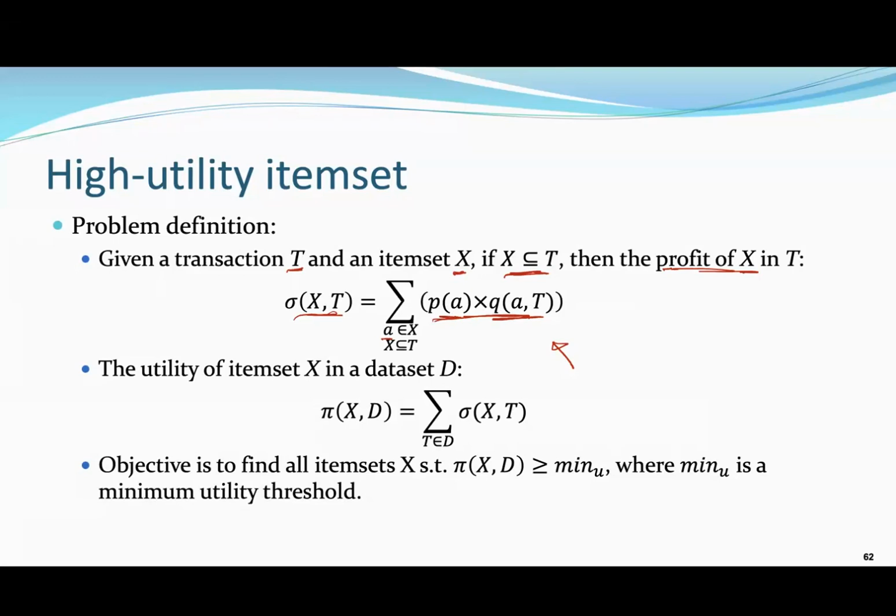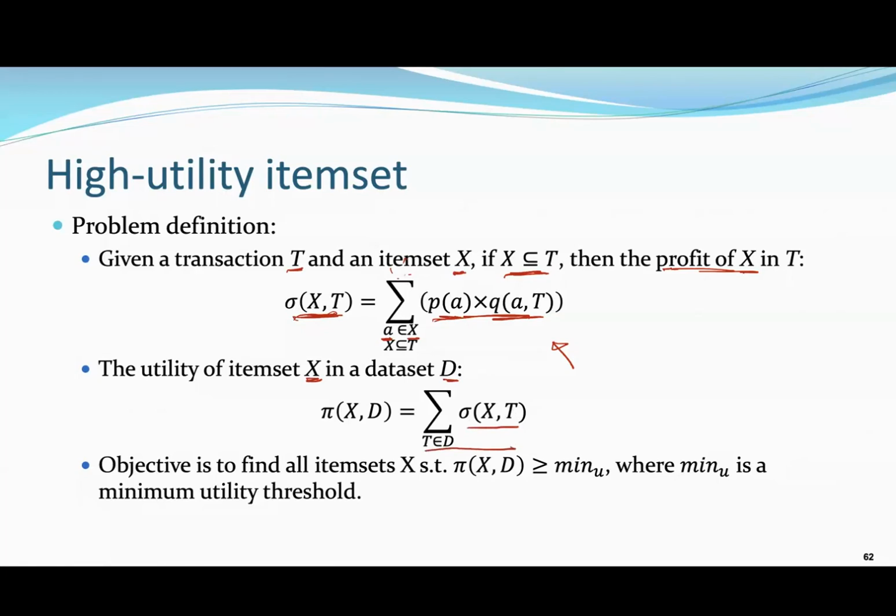Then we consider all of the items in this item set X and sum them all up, and that is the total profit contributed by the items in the item set X within the transaction T. The utility of an item set X in the whole data set D is the sum of all of these individual contributions by the transactions.